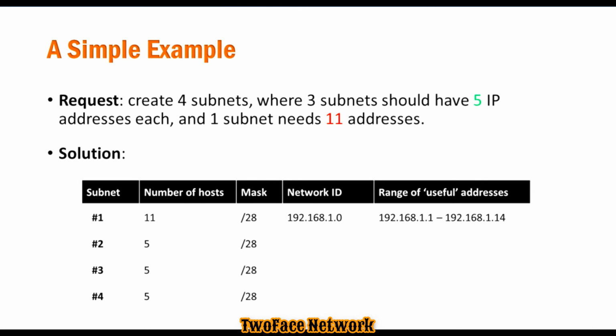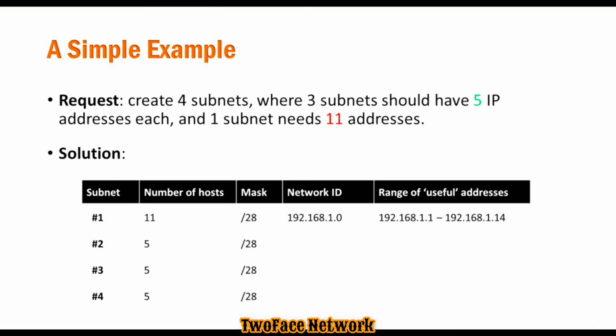Range of useful IP addresses will begin at 192.168.1.1, and the last useful address is going to be 192.168.1.14. 192.168.1.15 is going to be our broadcast address that we can't allocate to a host or a router interface.